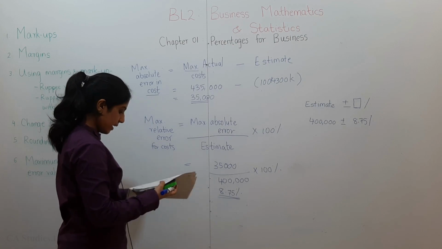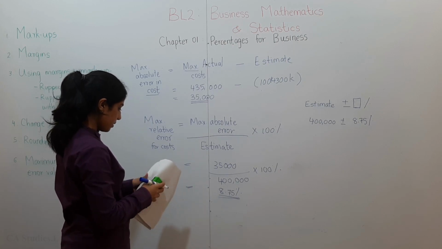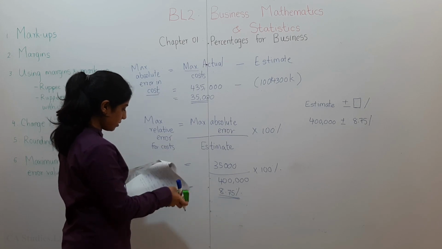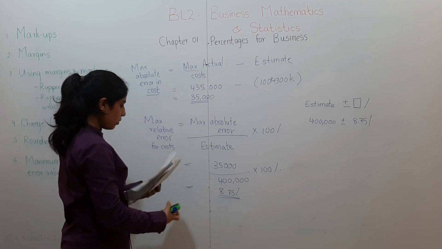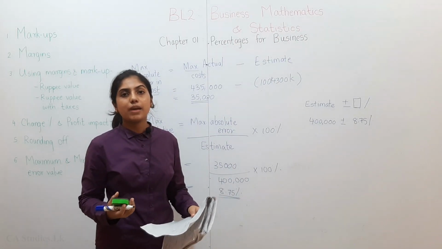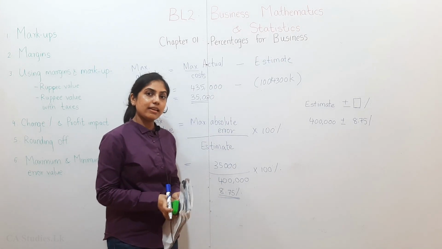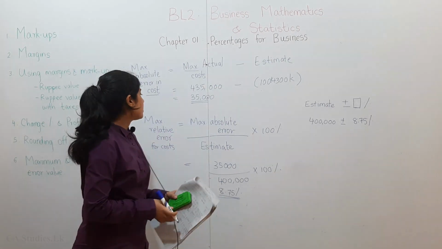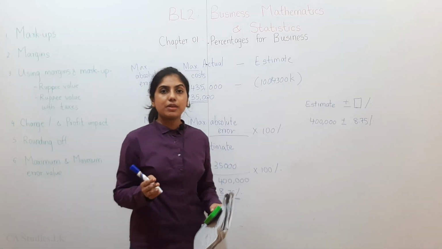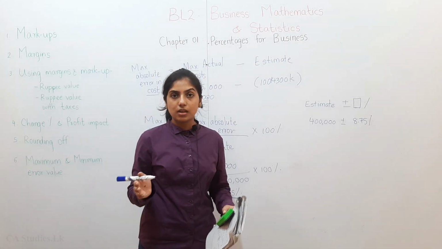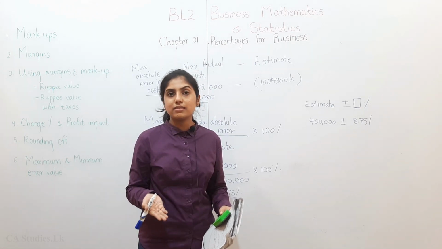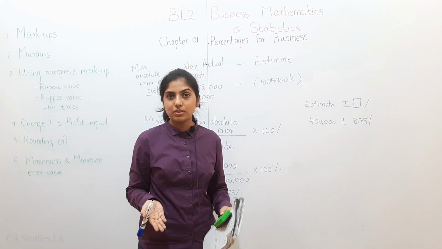So with that we are actually done with the errors, and now next we will look at how to get maximum value, like in which situation. Now you saw previously we calculated maximum absolute error is maximum actual minus the estimate, right?